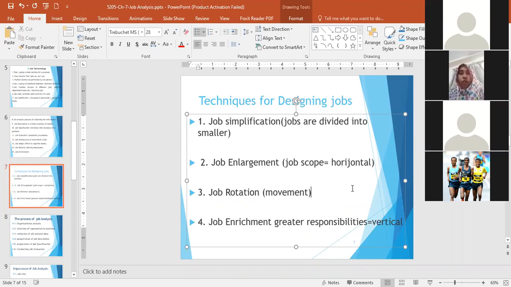So these 4 are techniques for designing jobs. If you get a job in an institution as a human resource management officer, okay, then you have to do these types of work, right? So where you will change your employee here and there, and what duties you will give them, okay.